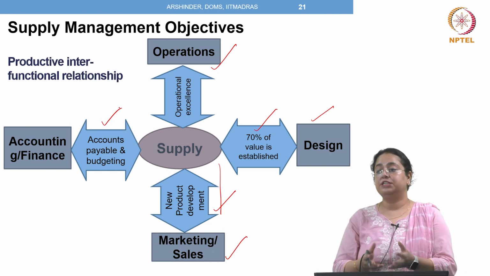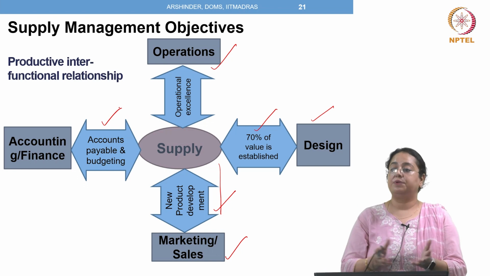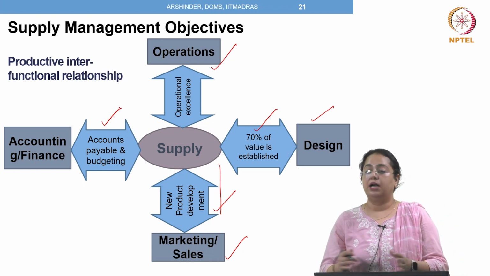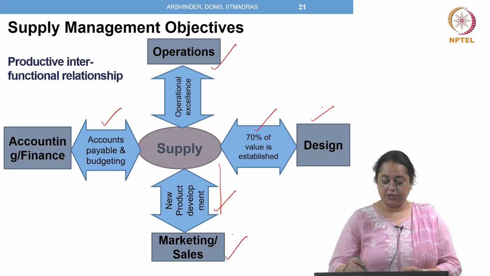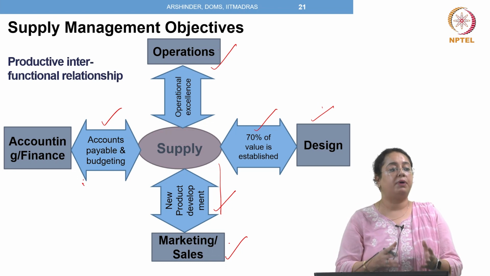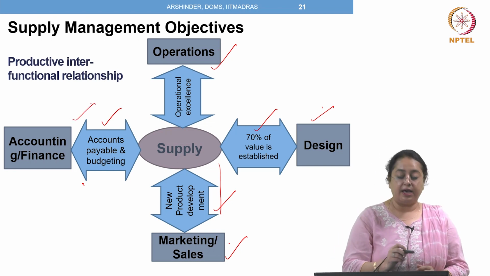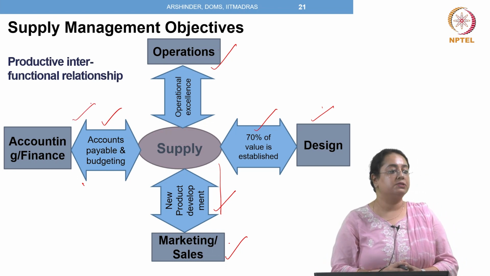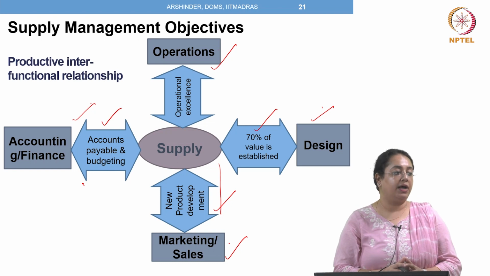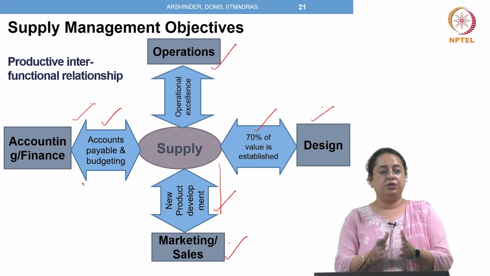Accounting: your budget would be set by accounting, right. How much we can spend, how much we can spend on each supplier, on each department, on each part or component. That whole spend analysis is done in congruence with accounting, right. And many other departments we would see as well.